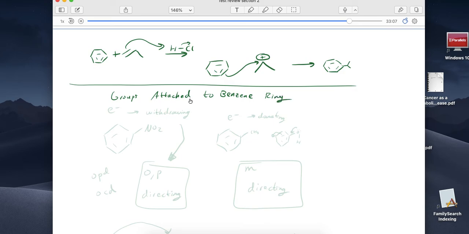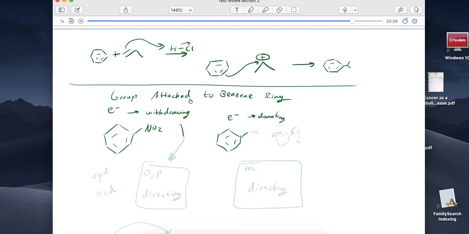What do I mean by that? Well, we have the two types, electron withdrawing and electron donating.